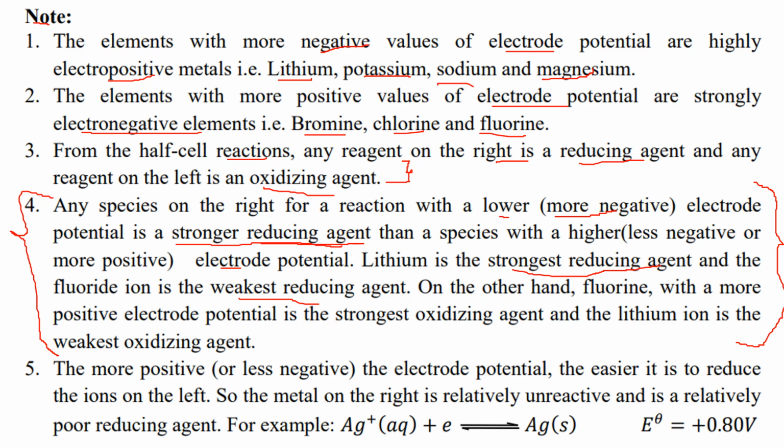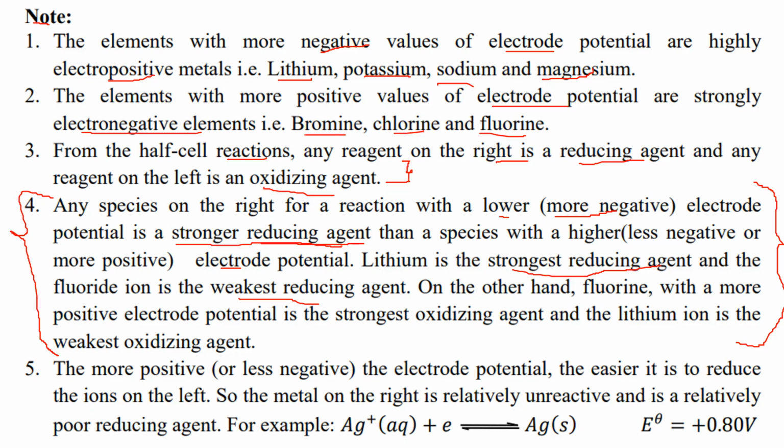Now it can either be less negative or it can be positive, but the more negative the value of electrode potential, the stronger the reducing properties of such an element, and the more positive the electrode potential, the weaker the reducing agent. But if something is weaker in reducing properties, that means that such a compound or an element is going to be stronger in oxidizing properties.